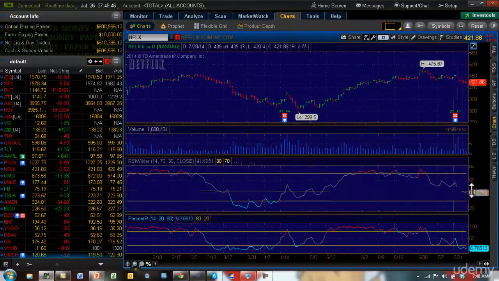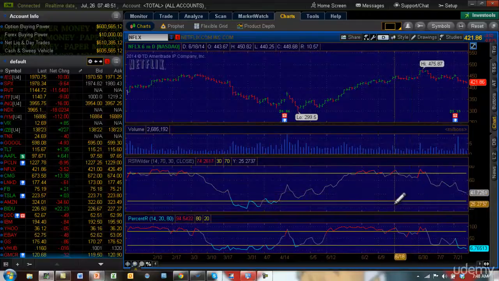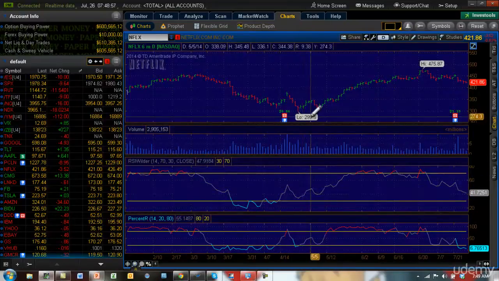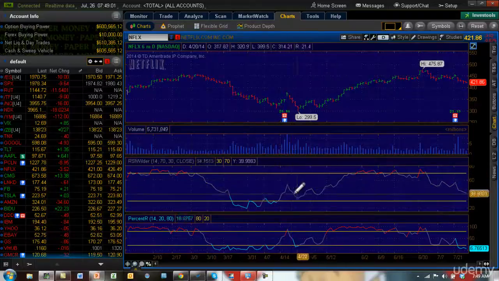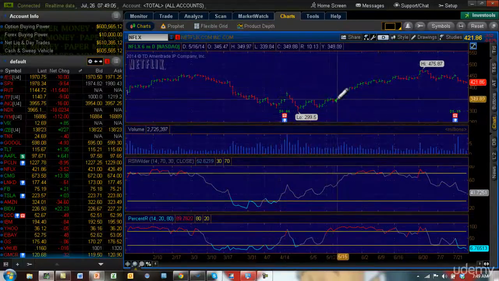So here, if you look at it, the midpoint is obviously the 50 value. So here the oversold is the 30 and the overbought is the 70. Now you'll see that while it's in this middle area, the stock is probably not doing much at all. It's not trending at any time.